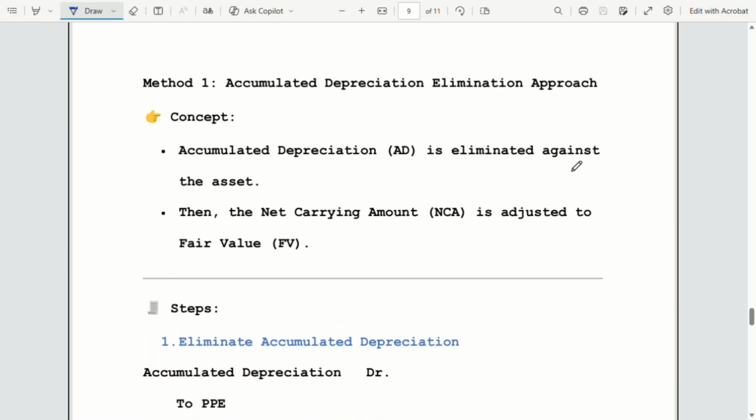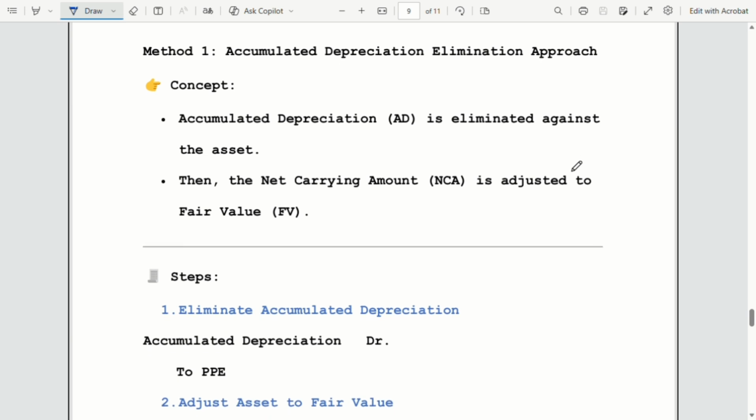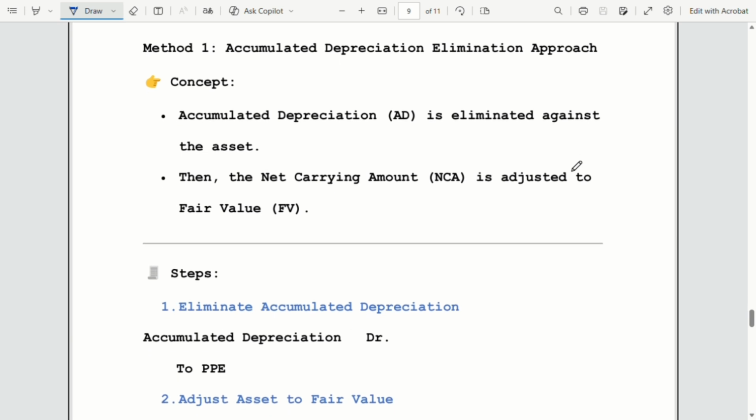Now what is there in this method? First we have to derive the net carrying value, and to derive the net carrying value we have to reduce depreciation. So on the gross carrying value, if we reduce depreciation, we get the net carrying value.